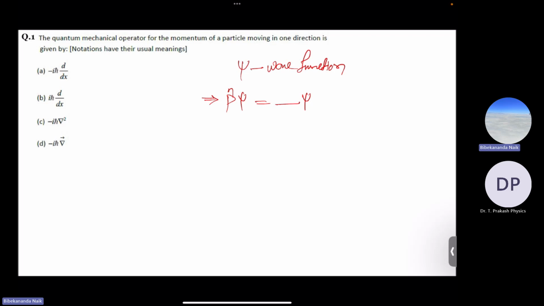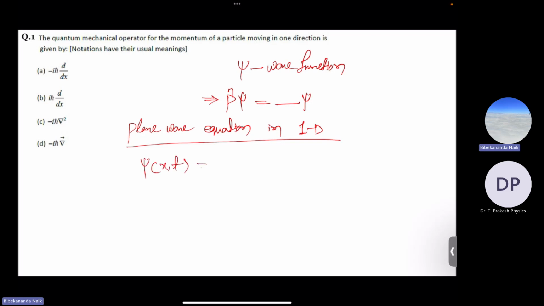Now the question is in one direction. So can you tell me what is the equation of a plane wave in one dimension? We can represent it as psi in terms of x and t.